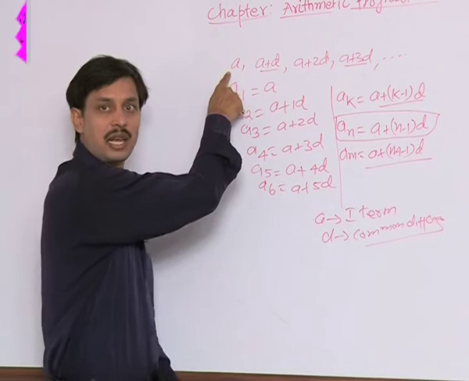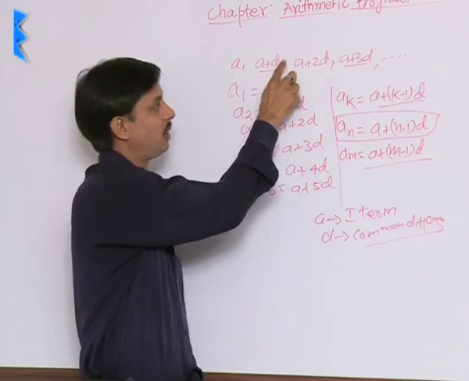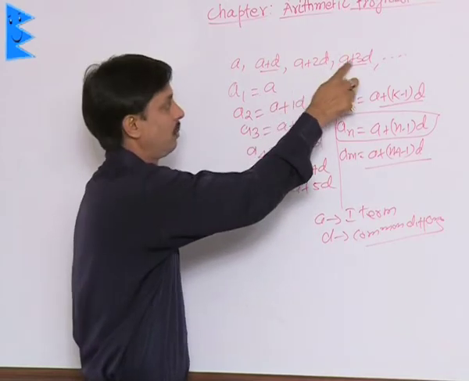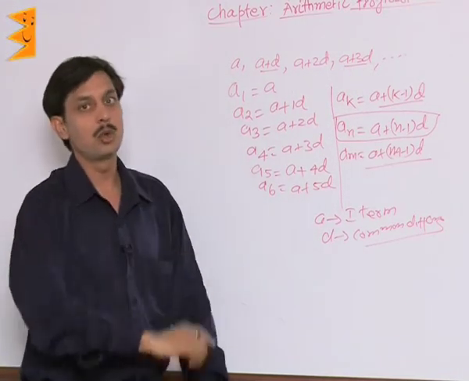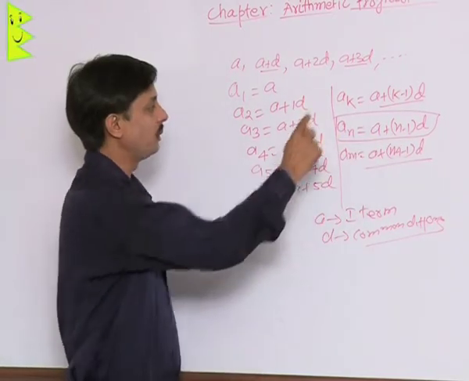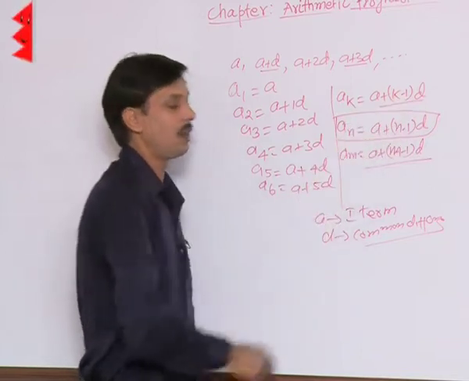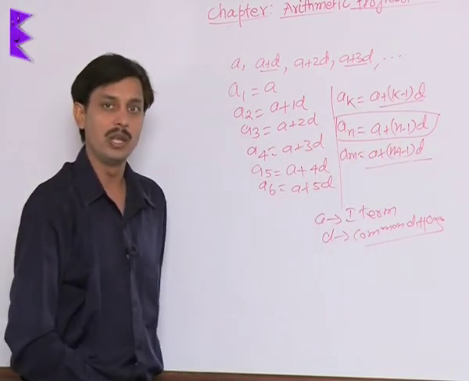For a general example, if the first term is A, A plus D is the second term, A plus 2D is the third term, A plus 3D is the fourth term, and so on, D is its common difference. The nth term is A plus (n minus 1) into D, the kth term is A plus (k minus 1) into D, the mth term is A plus (m minus 1) into D.